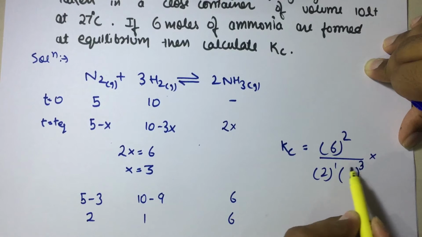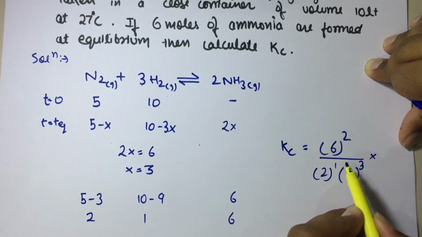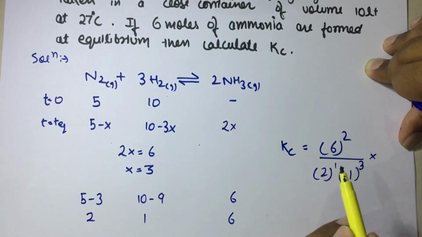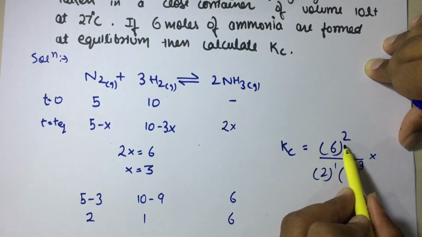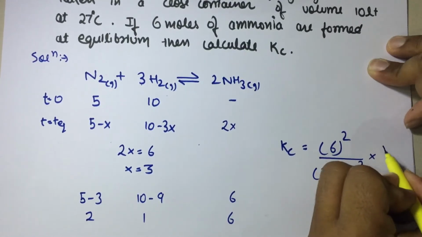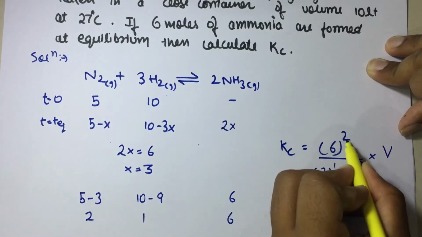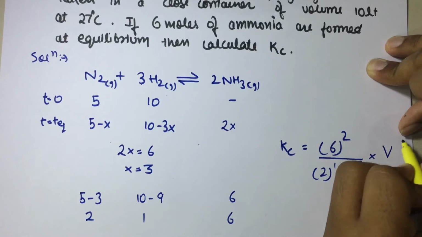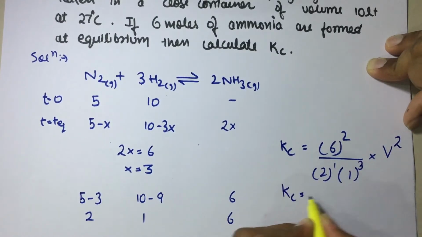In the denominator we have 4 terms and in the numerator only 2 terms, so we have to multiply volume where the terms are fewer, in the numerator. In the denominator there are 4 and in the numerator 2, so 2 terms are fewer, so we have to take the square of this volume.